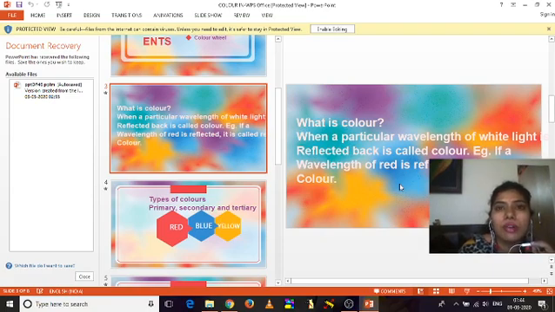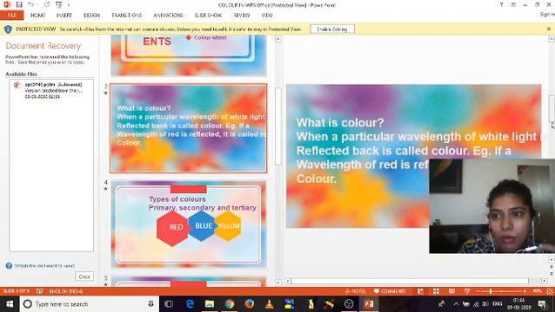So whenever white light strikes a surface, suppose we see a stone which looks red, it means that light strikes that surface, but the wavelengths of the other colors are absorbed by that surface or material, and only one wavelength, that of red color, is reflected back, which we are able to see. So that means it is of that color.